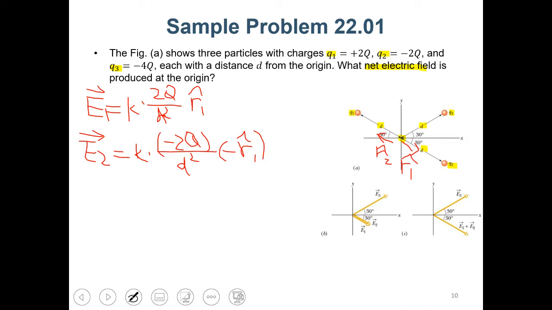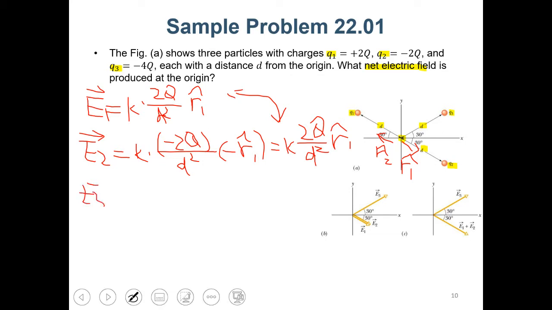R1 and R2 have opposite directions with the same length. So R2 hat is minus R1 hat. So we have two negative signs, and then we can merge them together so that we have K 2Q over d squared times R1 hat. So actually, they are the same.